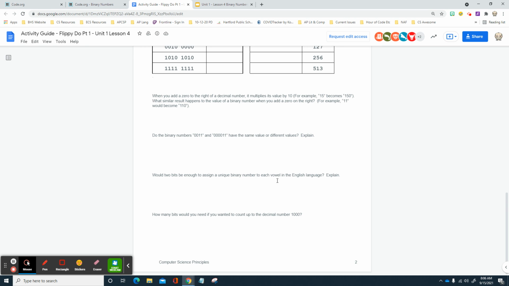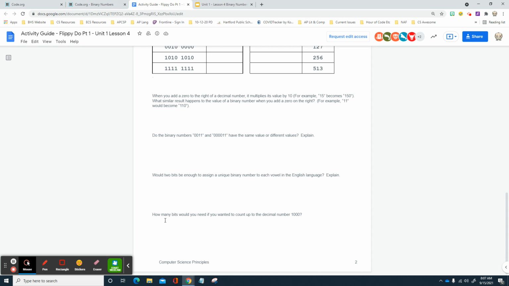Would 2 bits be enough to assign a unique binary number to each vowel in the English language? Interesting. So if you had only 2 bits, meaning 2 places, not 2 bytes, but 2 bits, the first 2 places. Is that enough to assign a unique binary number to each vowel in the English language? A, E, I, O, and U. Is it possible?